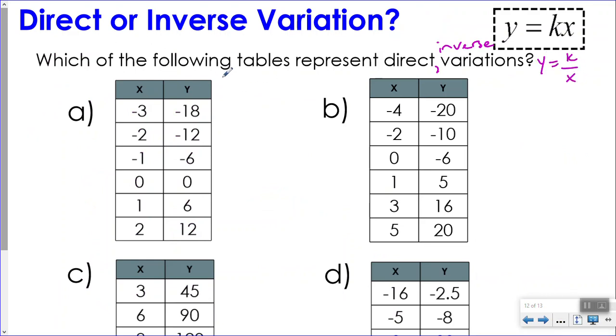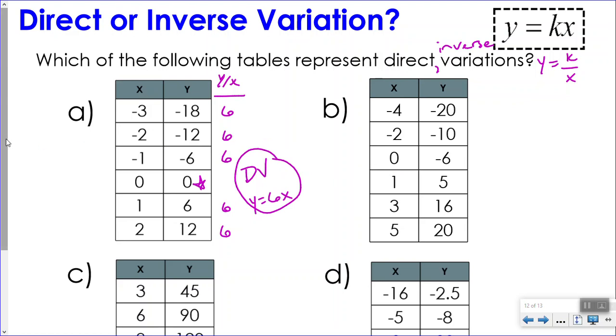So in this case, I'm just going to check y over x first, and -18 over -3 is 6, -12 over -2 is 6, -6 over -1 is 6. We skip 0 over 0 because we know that's part of any direct variation, and we can't divide 0 by itself. 6 over 1 is 6, and 12 over 2 is 6. So this is a direct variation, and our equation would be y equals 6x.